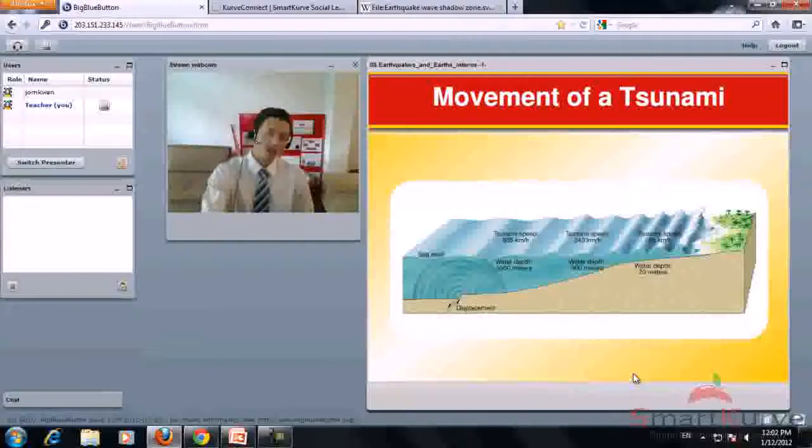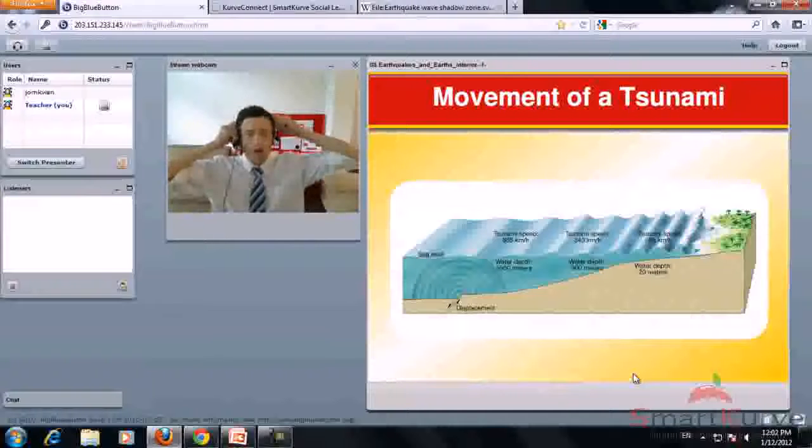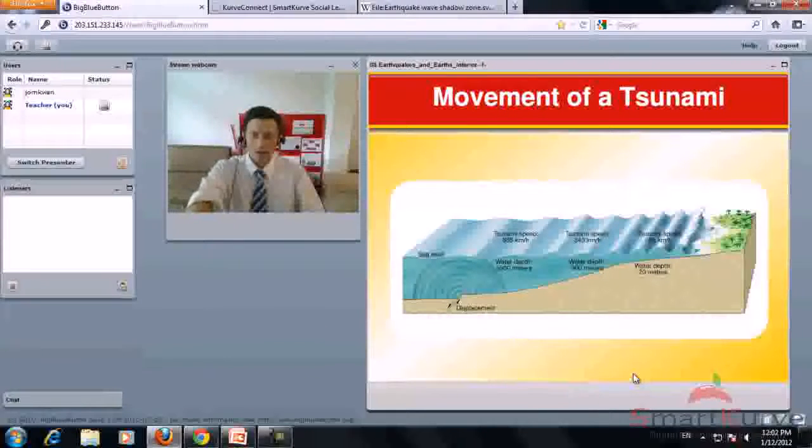Down there in the lower left-hand corner of the picture, there's that displacement, the movement on the fault line, which creates a transverse wave through the water, and then that transverse wave travels to the land where it crashes and causes a lot of devastation. And that was what caused so much of the trouble when the earthquake hit Japan.